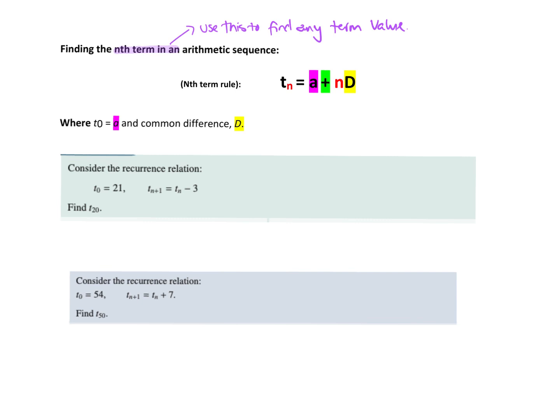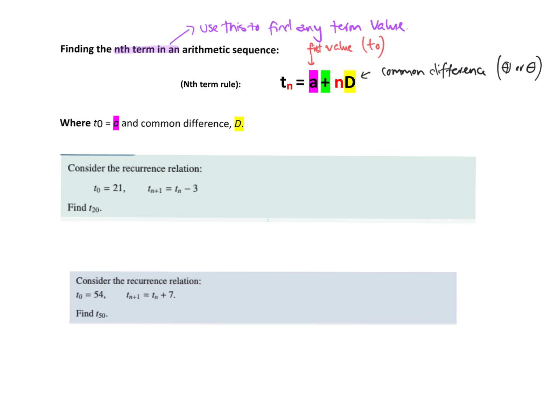So here's the formula of how you can find the nth term. So you can see here, there's that A value. So that's the first value you'll be given, or if you want T0. And then we've got here the D, and the D is that common difference. So remember, the common difference is what we're either adding or subtracting every time.